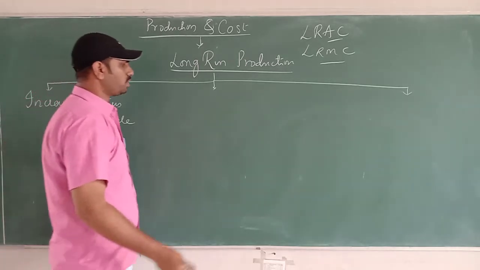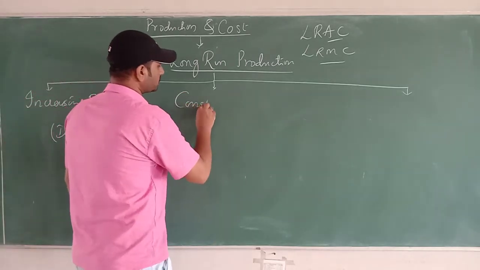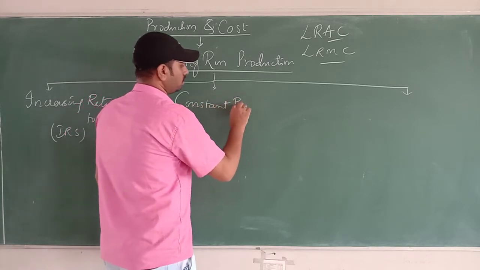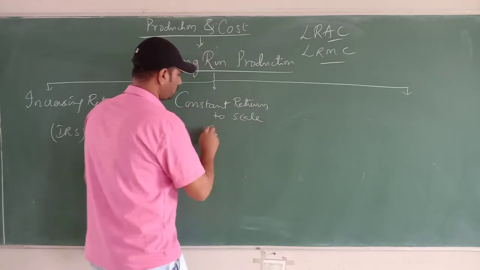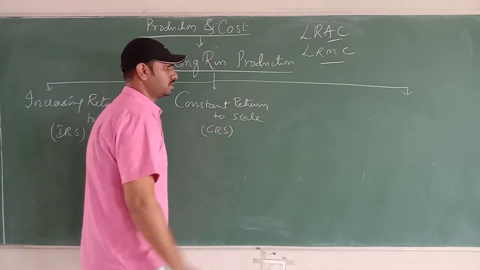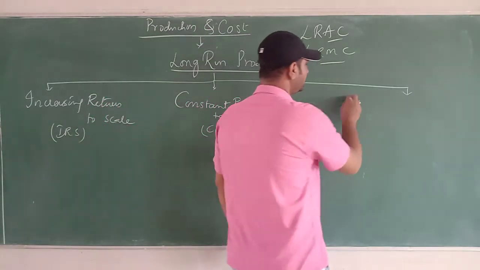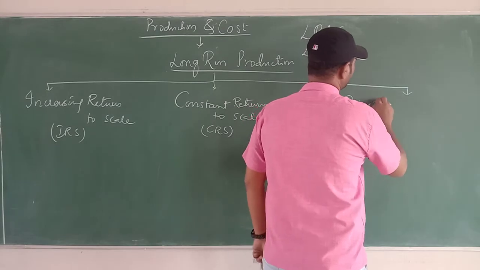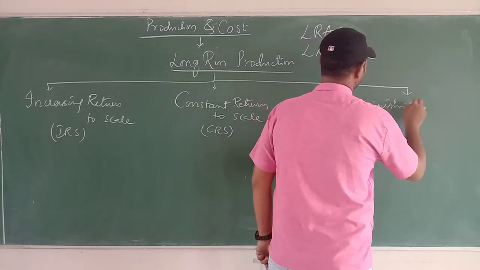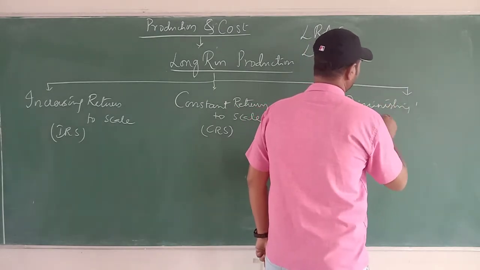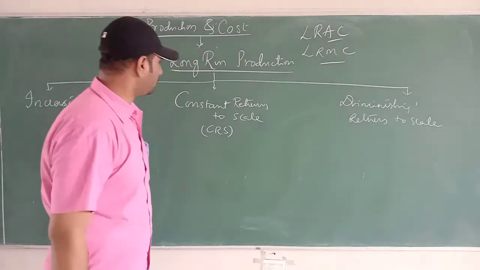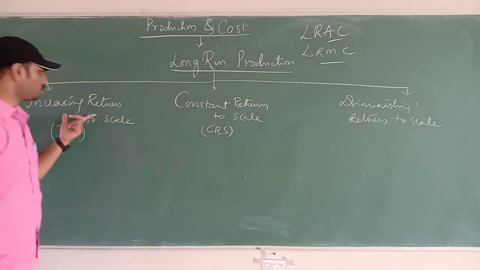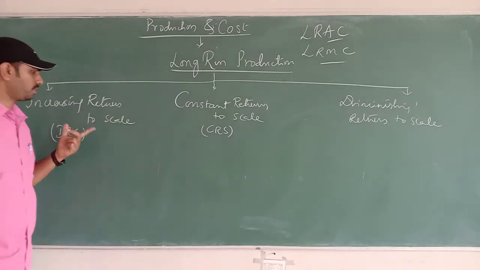The second one is constant returns to scale, and the third one is diminishing returns to scale. Now listen carefully.